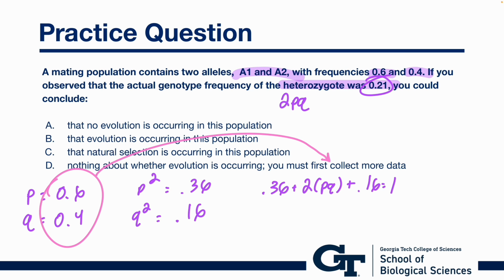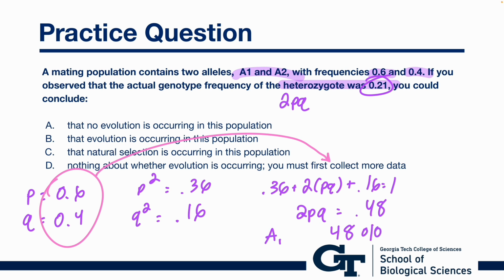Absolutely. Or we can just algebraically subtract 0.16 and 0.36 to solve for 2PQ. So 2PQ is equal to 0.48. That would be the same thing if you multiplied 0.6 and 0.4 by 2, where we get 0.48. So the expected heterozygote frequency is 48%.